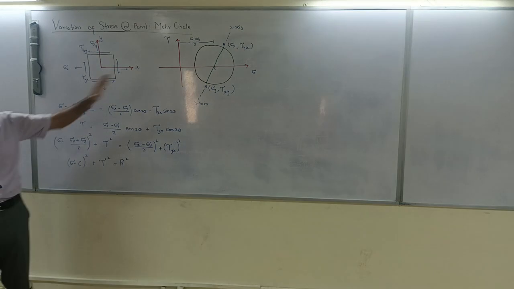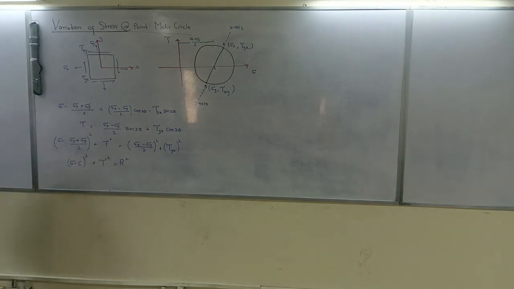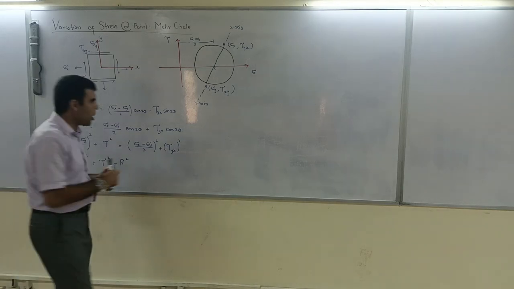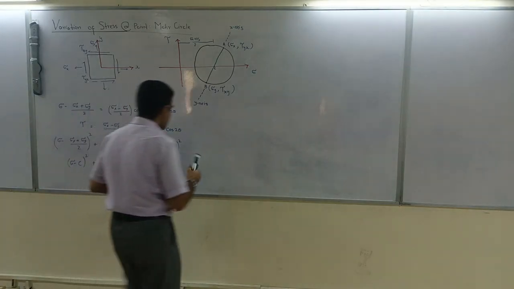Now, once you have drawn that, we have to establish a naming convention, the sign convention. You can have any sign convention, but the most common one is that tension is positive.